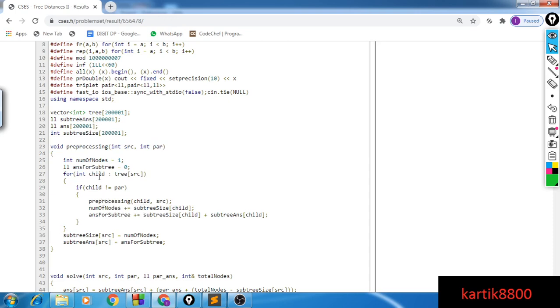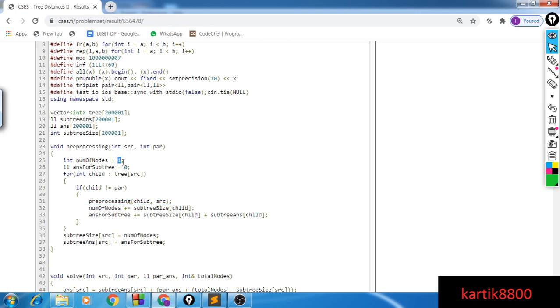Simply for a node SRC, I will call every child node of SRC and evaluate the subtree answer for the child nodes and the subtree sizes of the child nodes. And then the number of nodes in the subtree rooted at SRC is going to be the sum of all the subtree sizes of every child node, right?